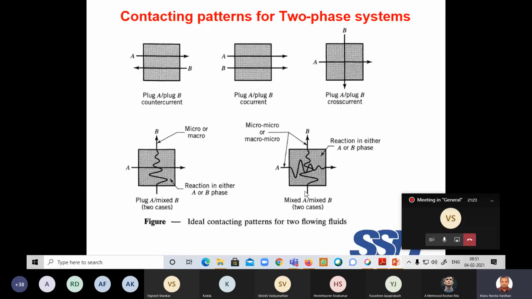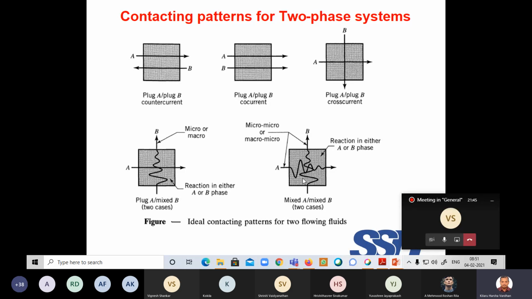Each one of them will have different conversion and different design expression which you need to take. For this kind of case, you need to take a plug flow expression, and for this kind, a mixed expression.